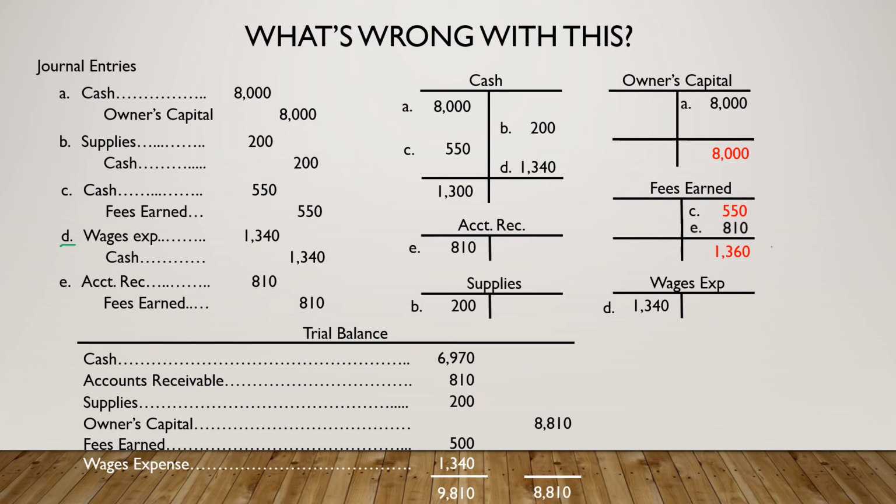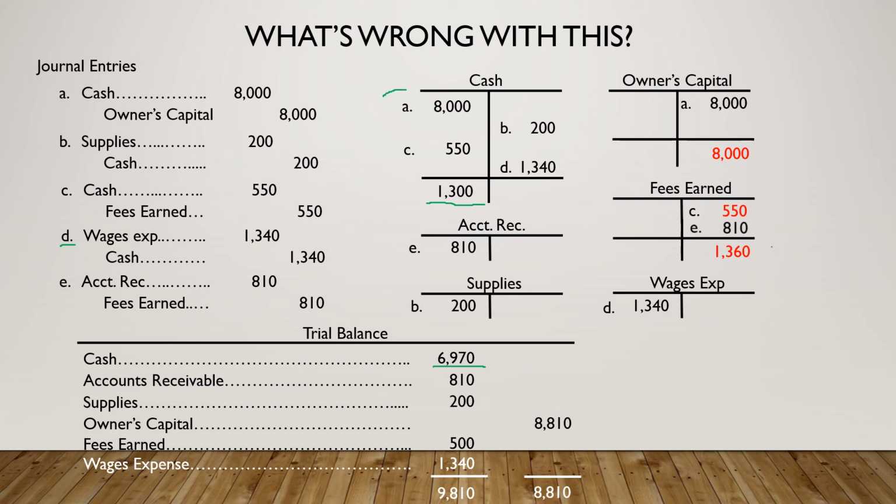Starting with cash. The cash GL has a $1,300 debit, but the trial balance has it as $6,970, so we know something is wrong. The best thing to do here is to re-sum our cash GL balance.